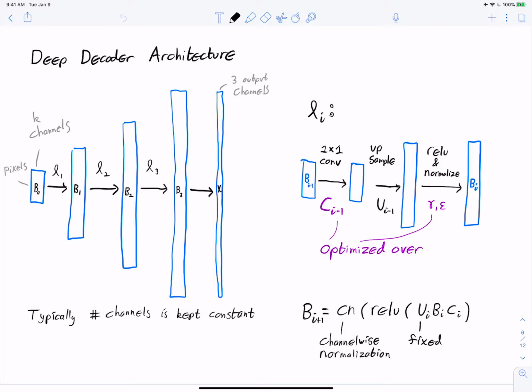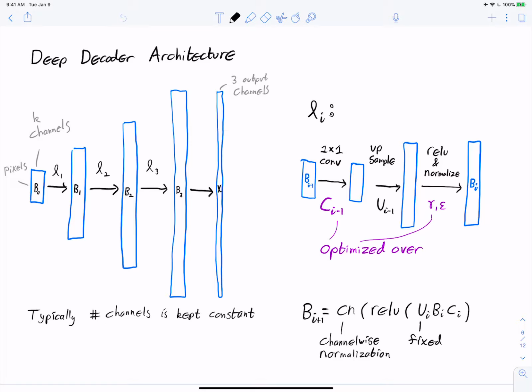So to zoom into this architecture, we're going to have some input, which we used to call Z, but now we'll call B0. It should be thought of as a matrix. For each incoming pixel, there's going to be k channels that are values corresponding to that pixel. Now, the operations are going to be as follows.